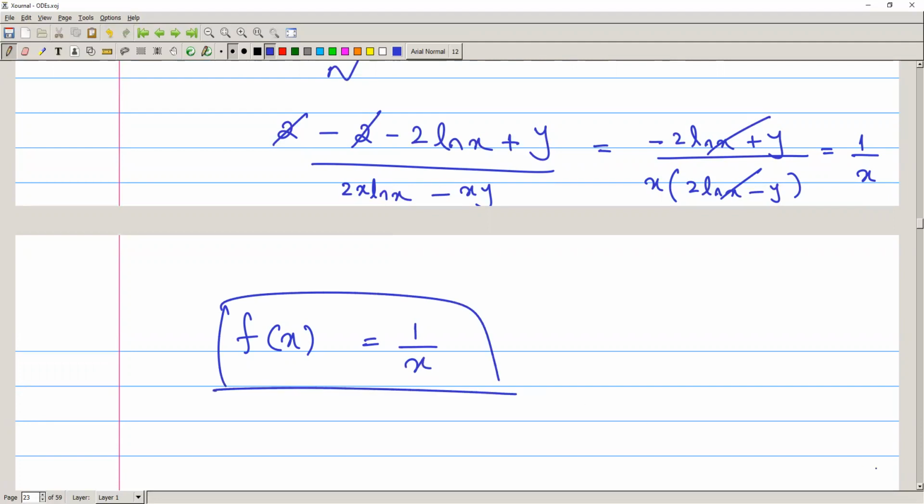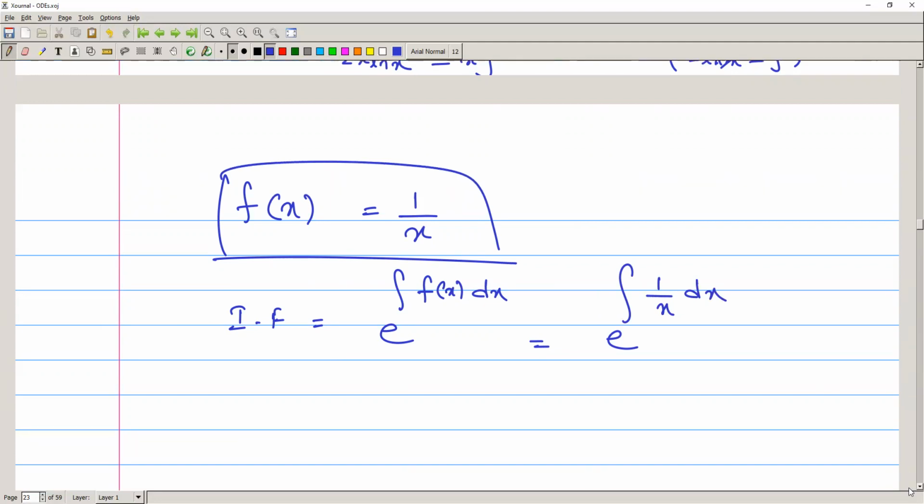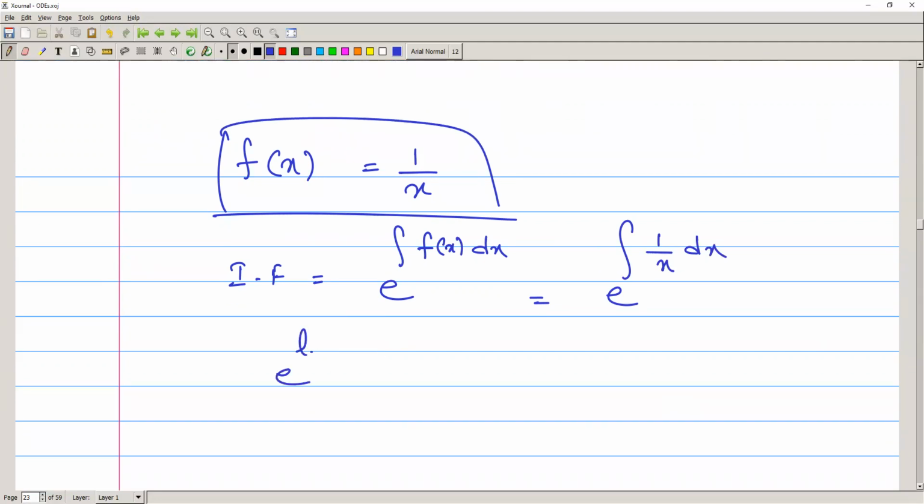So we can easily find the integrating factor, which is e to the power integral of f(x) dx. The function in this case is 1 over x, so the integral of 1 over x dx gives e to the power ln x. Therefore, this cancels out and we are left with x. So the integrating factor is x here.